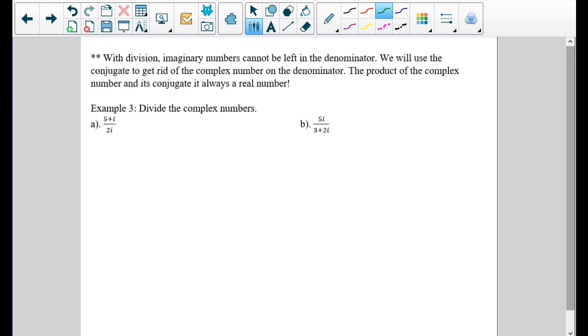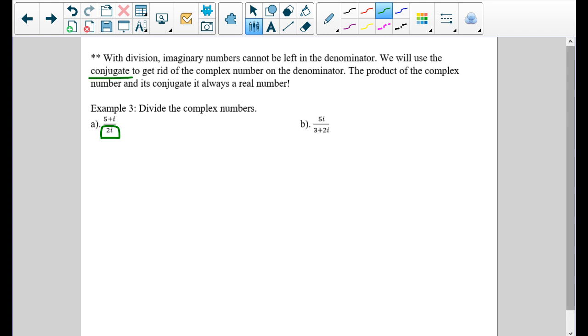A little different concept here. Now, dividing complex numbers, and really it's simplifying this fraction. With division, imaginary numbers can't be left in the denominator. No imaginary values in the bottom of the fraction, okay? So how do we get rid of them? We're going to use the conjugate to get rid of that complex number in the denominator.